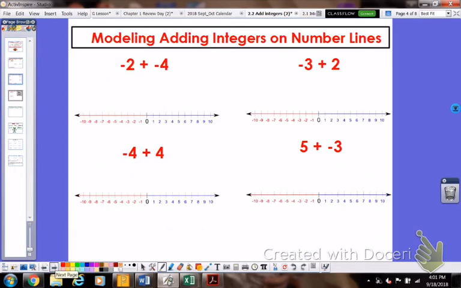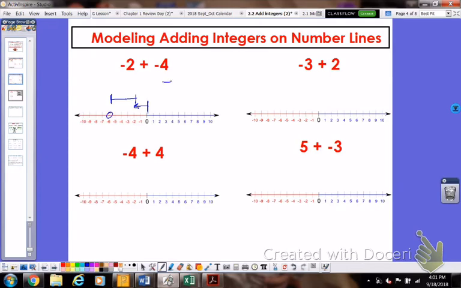Another way that we can work through these would be to model adding them on a number line. Now we always start at 0. So if I start at 0 here, I have a negative 2. So from 0, we go left to negative 2. Then from negative 2 plus negative 4. Negative is always to the left, positive always to the right. So from this negative 2, we want to go over 1, 2, 3, 4 more spaces and see where we land.